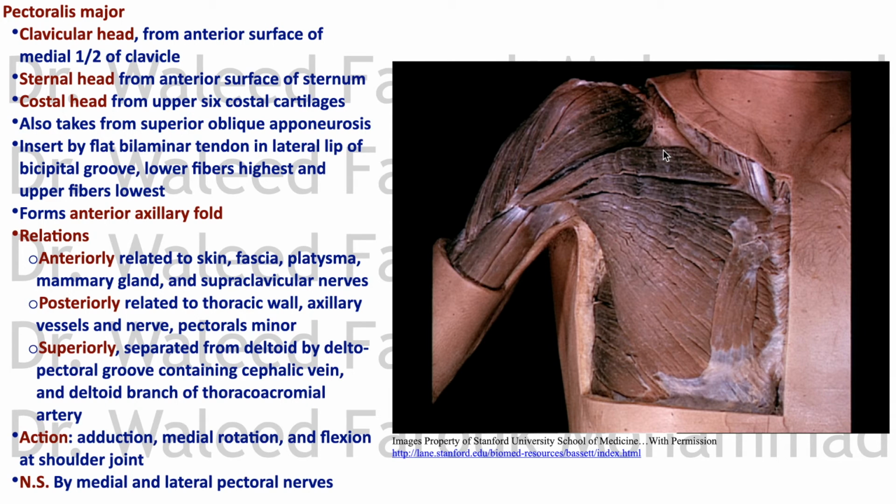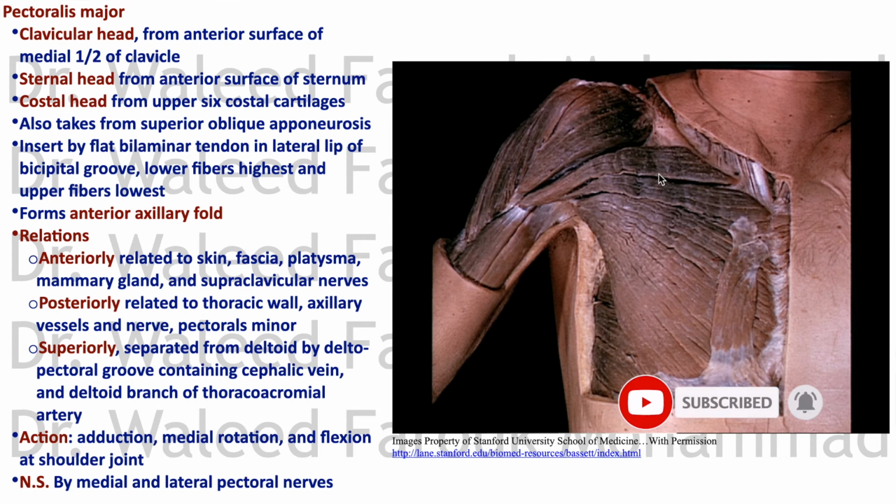They are arranged in groups: the lateral group, the intermediate group, and the medial group. Posteriorly, the muscle is related to the thoracic wall, the axillary vessels and nerve, and the pectoralis minor muscle. Once you remove the muscle, you will find the pectoralis minor.